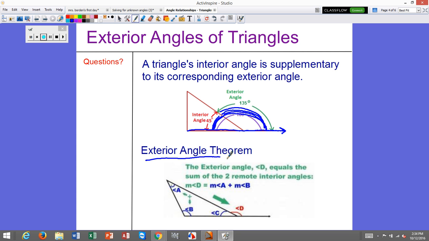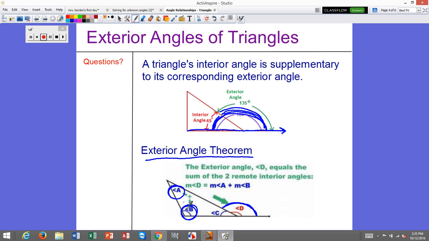The exterior angle theorem says that since this is a supplementary relationship, and since you know that all 3 angles inside a triangle also equal 180 degrees, then the angle measure of the exterior angle is going to equal the 2 remote interior angles added together.